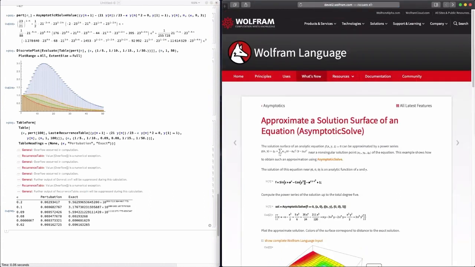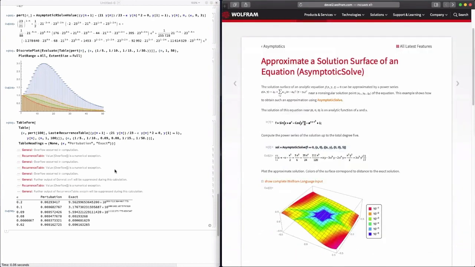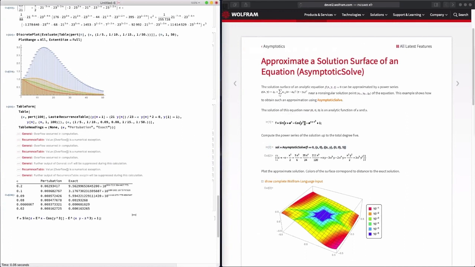Okay, so this one I am going to click to copy. So here we have a function in two variables, and we're going to find a solution to this function equals 0.